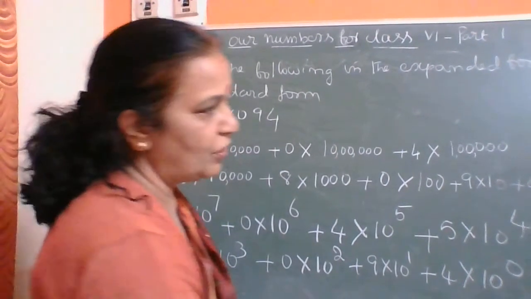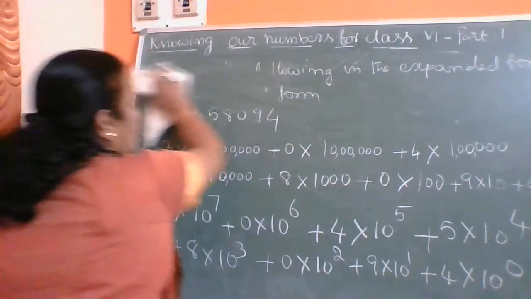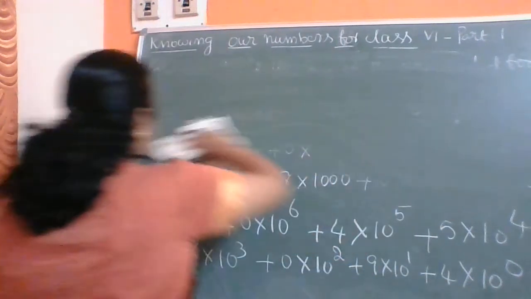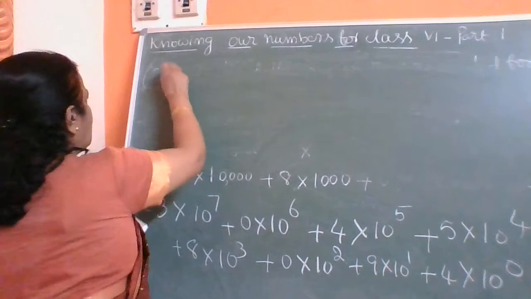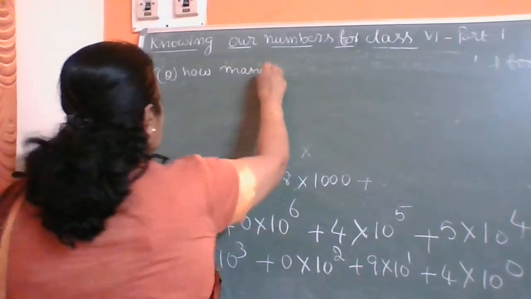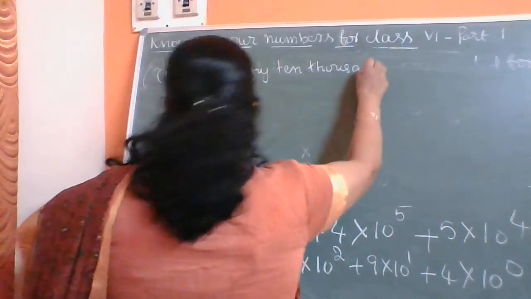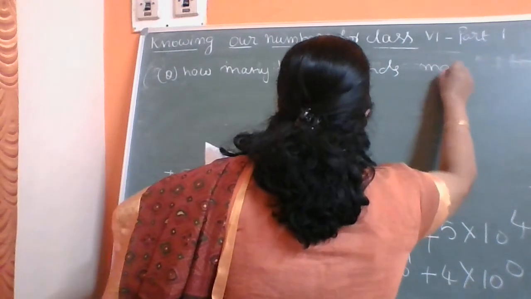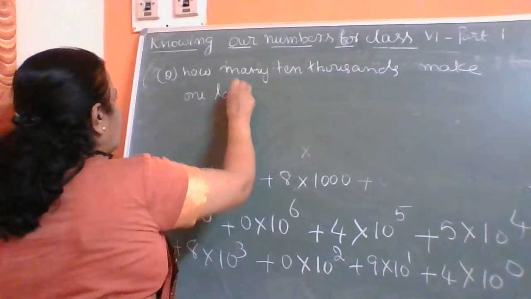And then one more type of sum is: how many 10,000 make 1 lakh?